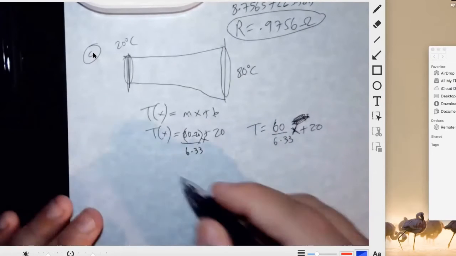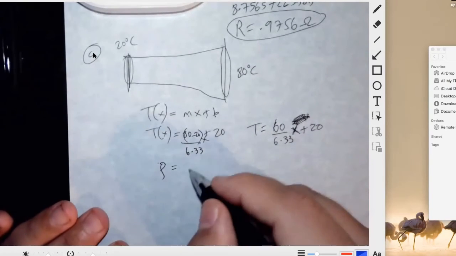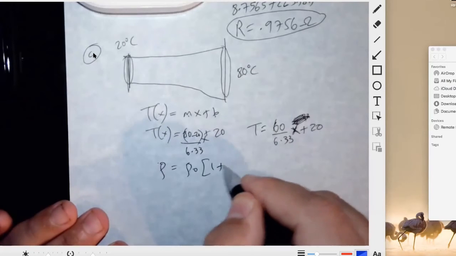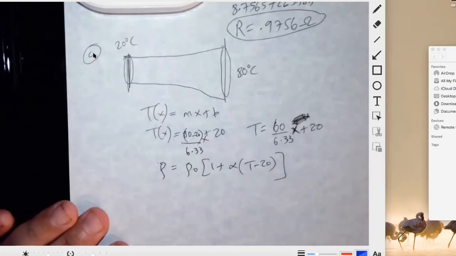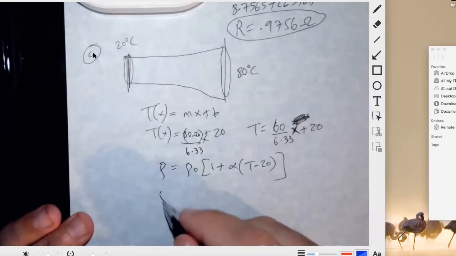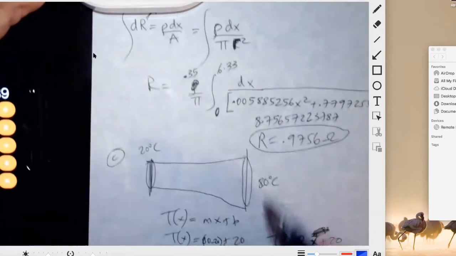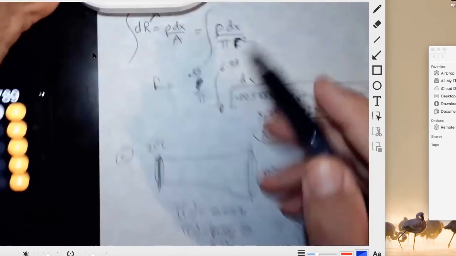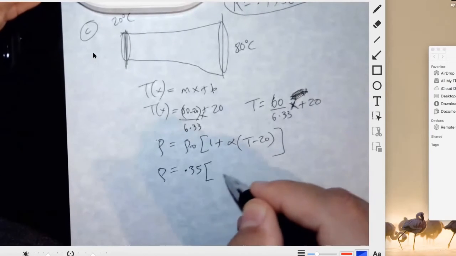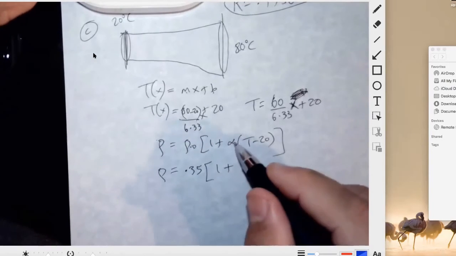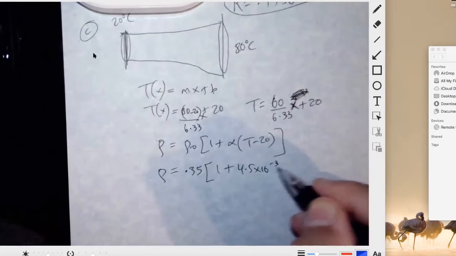Then the resistivity of the wire is going to be equal to rho 0, 1 plus alpha (T minus 20). And then the resistivity of the wire was what? 0.35, right? So then that'd be 0.35, 1 plus, and then we said alpha is 4.5 times 10 to the minus 3.